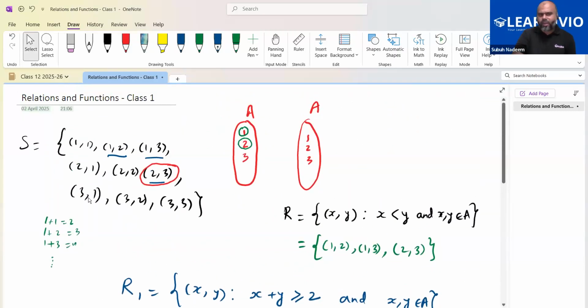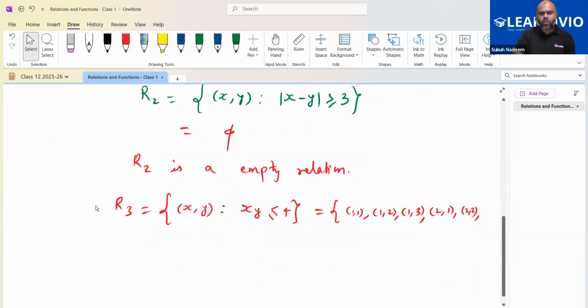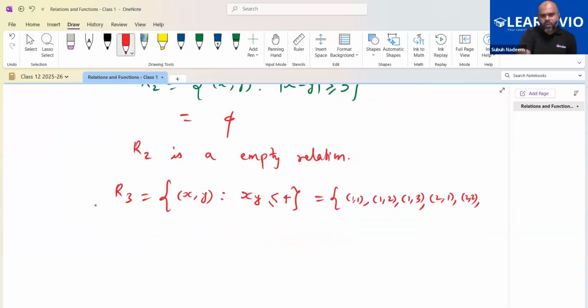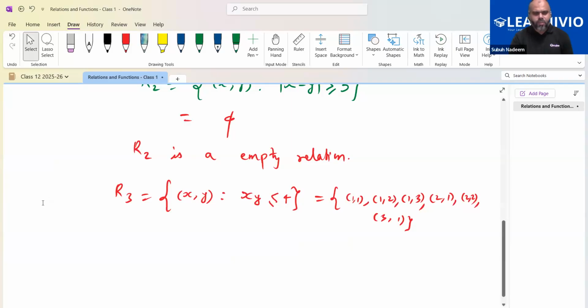3 comma 1 you can take from here, that is 3. Again 3 comma 2 you can't take because it is 6. 3 comma 3 you can't take because it is 9. So they are greater than 4. So another element which comes is 3 comma 1. So this is also a relation. It consists of 6 elements of the universal relation.